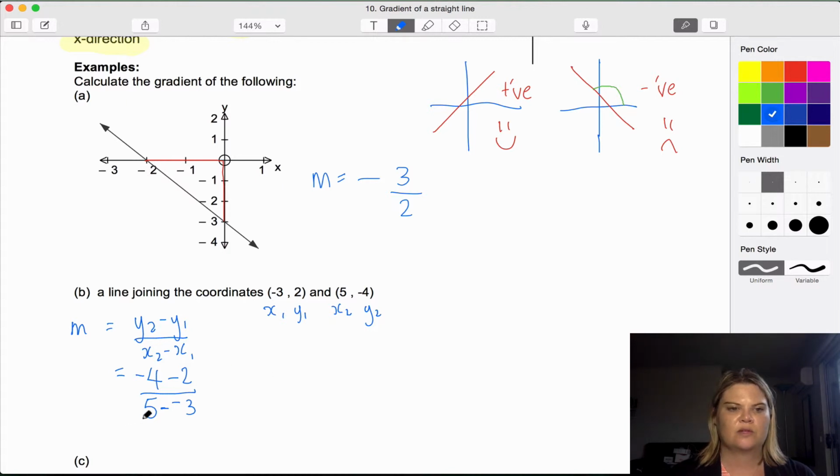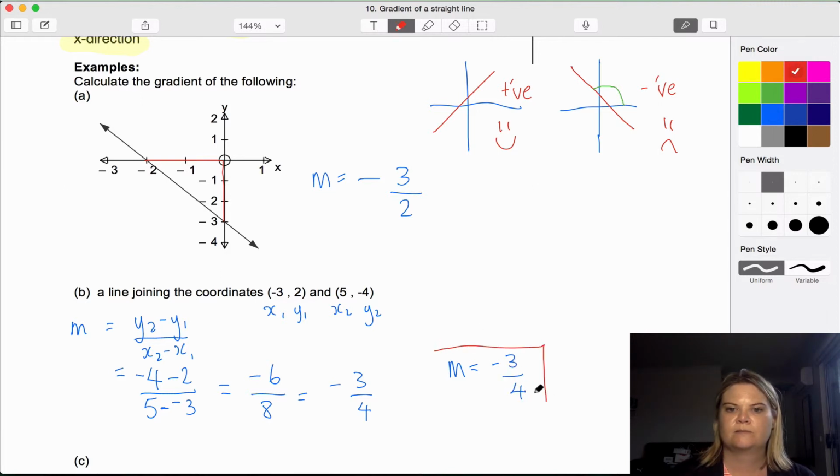I'm going to move across the page because I'm running out of room, but you would keep working down the page normally. Negative 4 take 2 is negative 6. 5 minus negative 3, this turns into a plus. 5 plus 3 is 8. And this will simplify to negative 3/4. So you could write your final solution here and put it in a box.